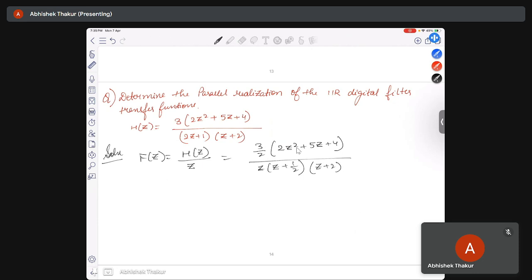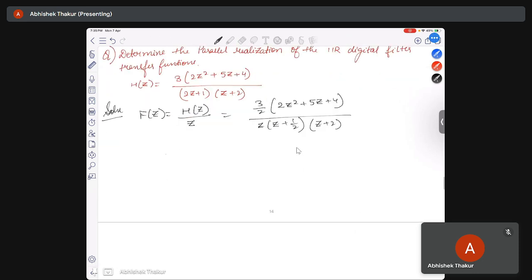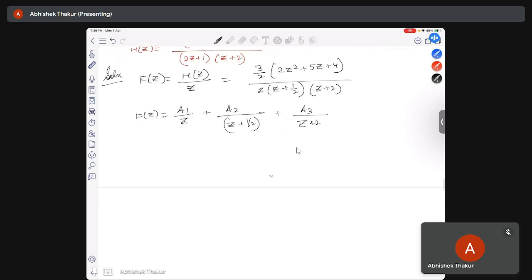So now we can write this as F(z) = A1/z + A2/(z + 1/2) + A3/(z + 2). So we are just doing the partial fraction expansion of H(z)/z, that is F(z).